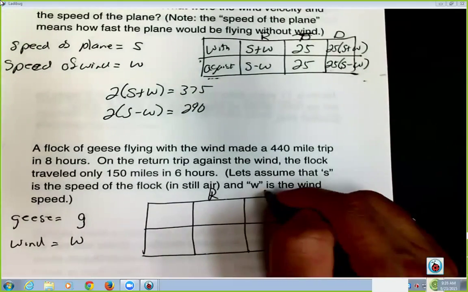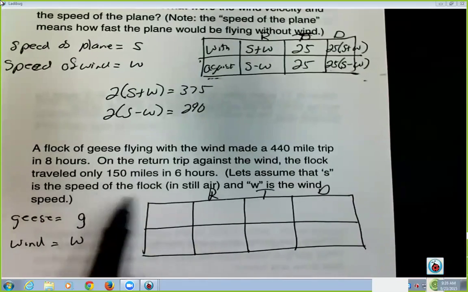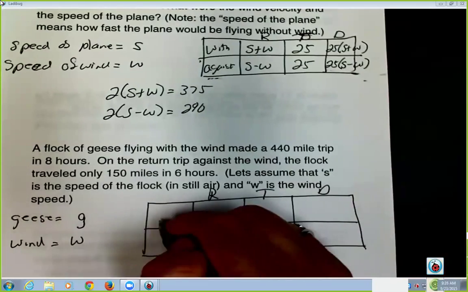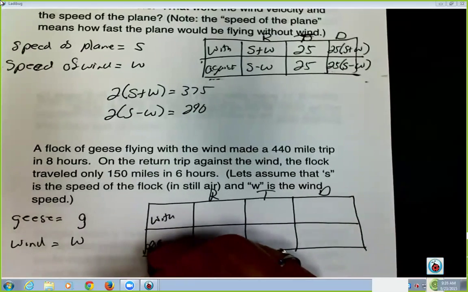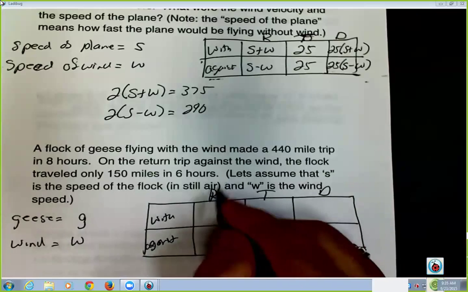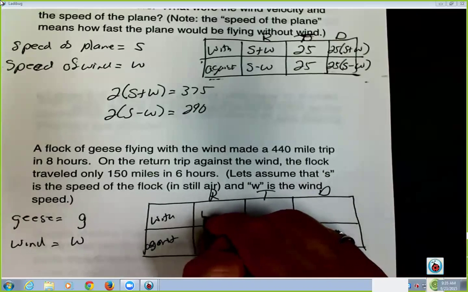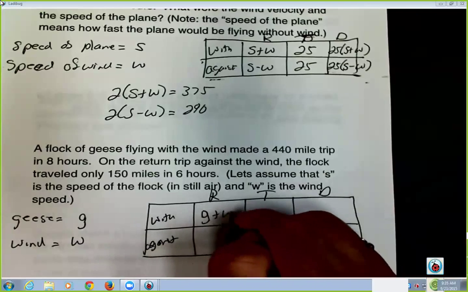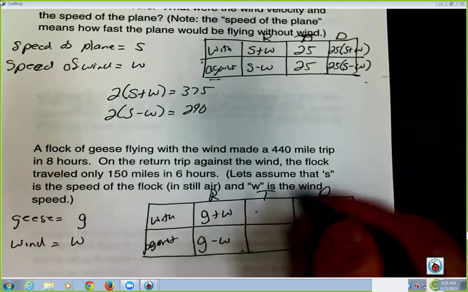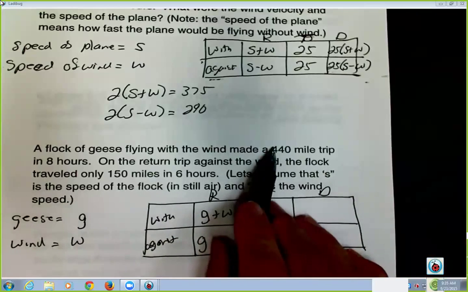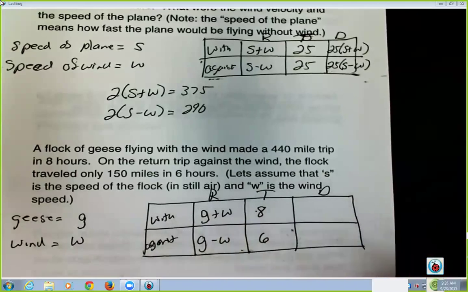So if we have rate, time, and distance, we are going to have with wind and against. And so the rate is going to be G plus W and G minus W. And our time is, for the 440, it's 8 hours. And for the other one, it's 6.